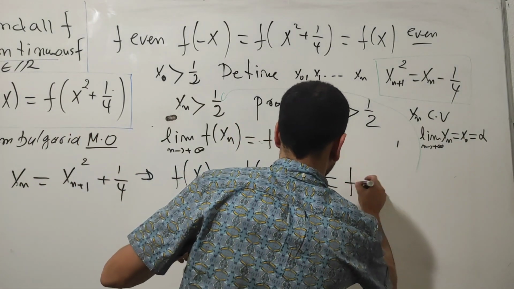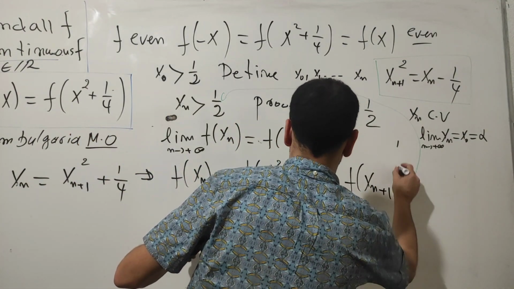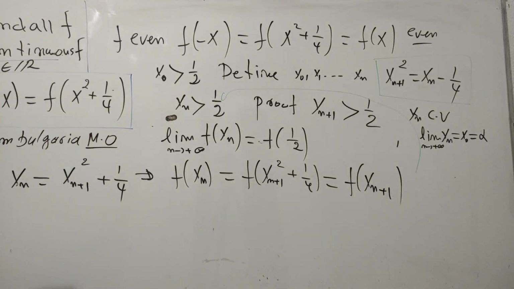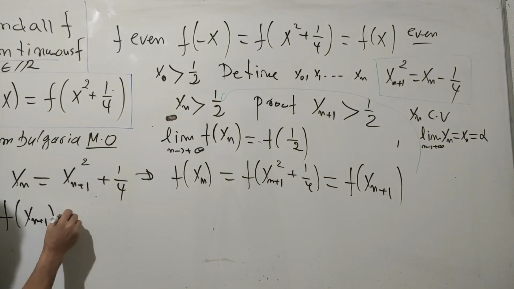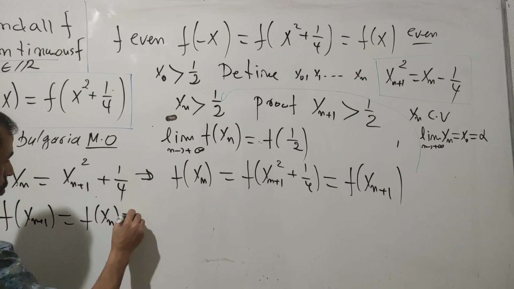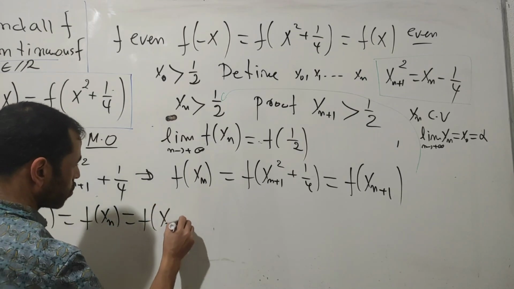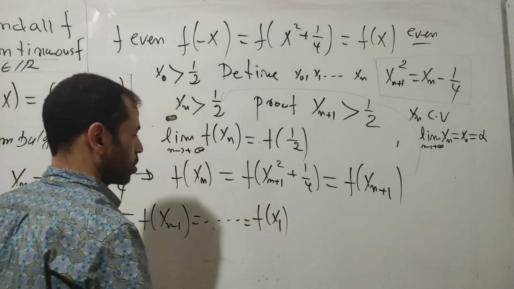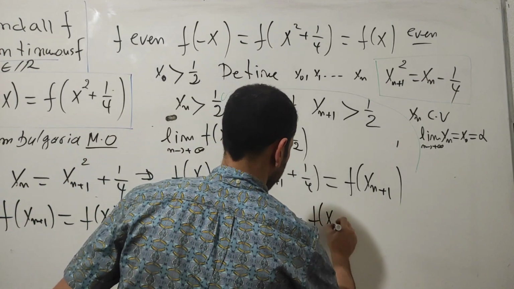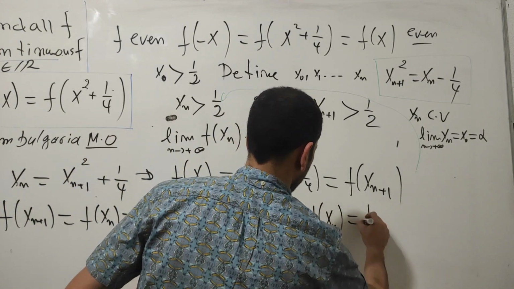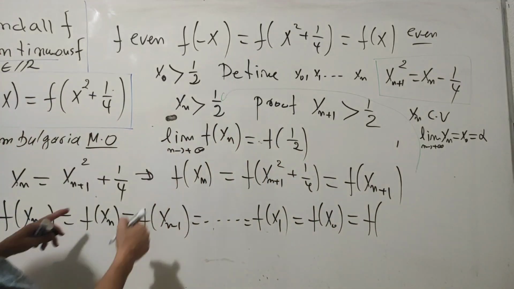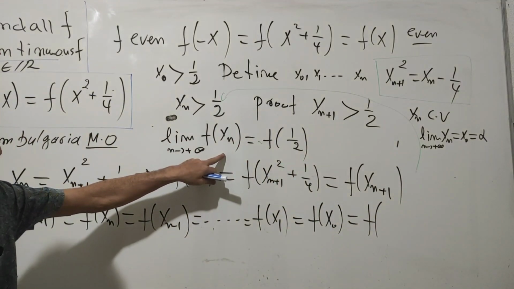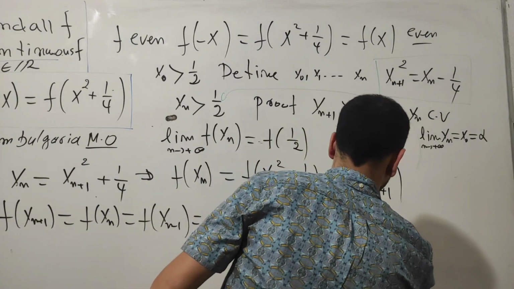So f of x sub n equals f of x sub n minus 1, all the way down to f of x sub 1, which equals f of x sub 0, which equals f of half, by applying the limit on both sides using this fact, okay.